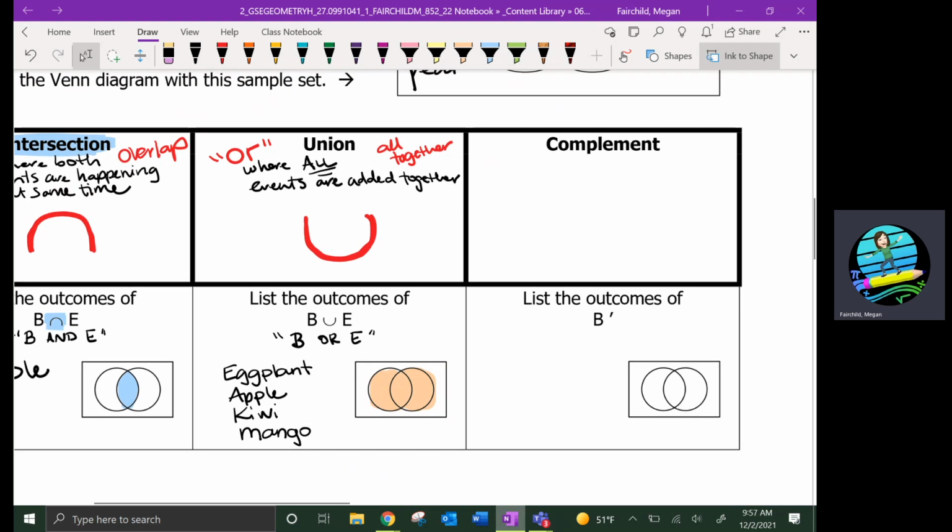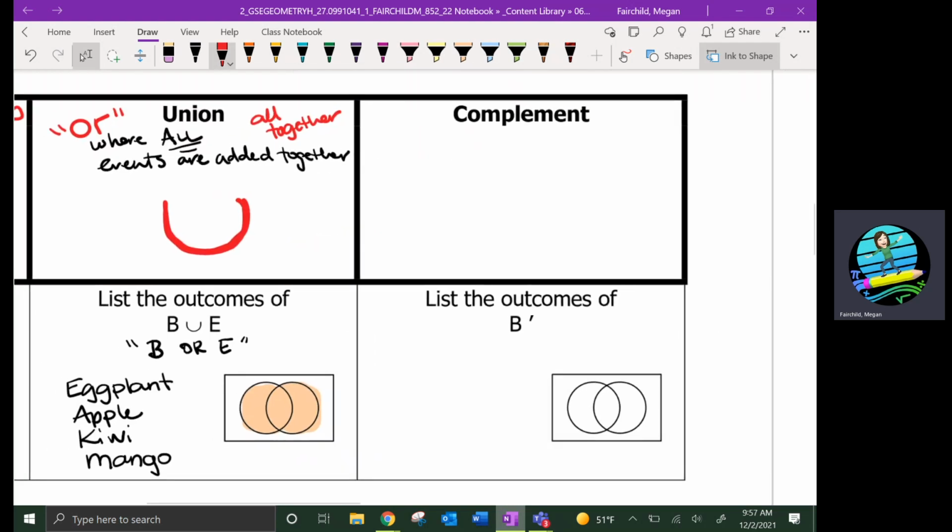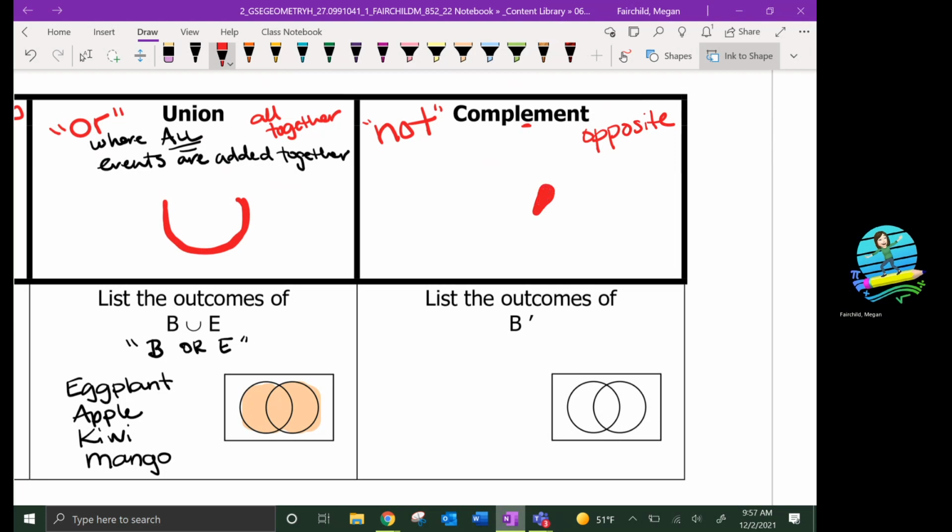And the last thing is a complement. This is not when you say something nice. This is spelled with an E. Complement, you'll see a lot of times, is the word not. Okay, it means the opposite. And it's actually notated with just an apostrophe.